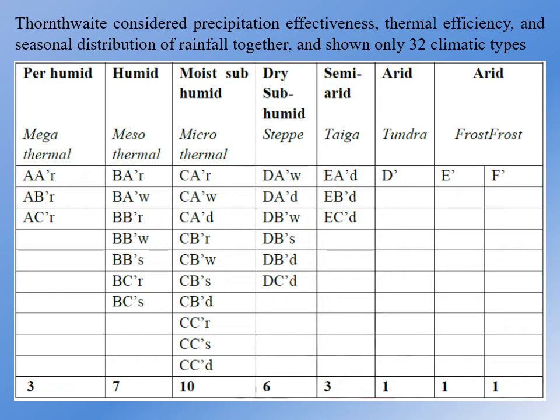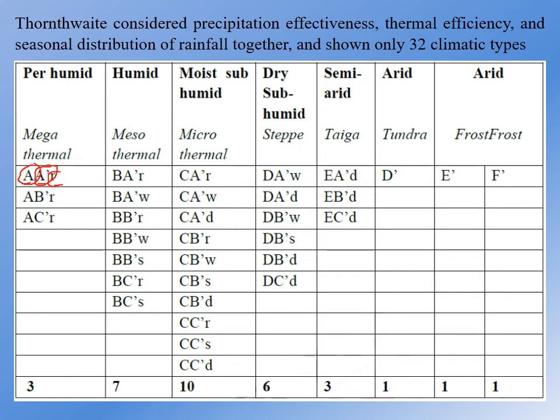So all these combinations of different alphabets A dash and R, different temperature efficiency values, different precipitation efficiency values, and the seasonal values give us 32 varieties of climatic types.